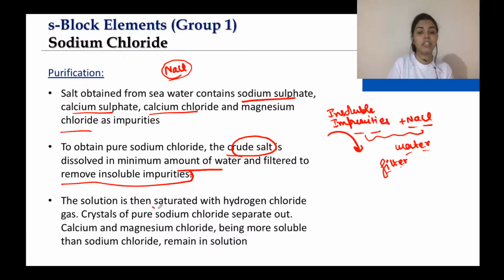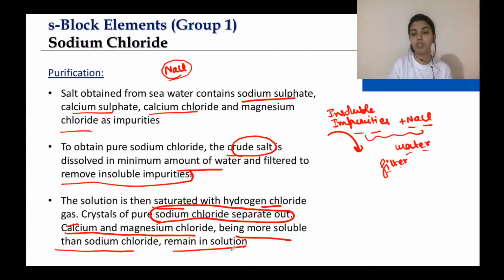Now this solution is saturated with HCl gas. So this helps the pure sodium chloride to separate out. Calcium and magnesium chloride, being more soluble than sodium chloride, remain in solution. So first we separate the insoluble impurities. Now the water which is left after filtration will be water plus NaCl plus soluble impurities.